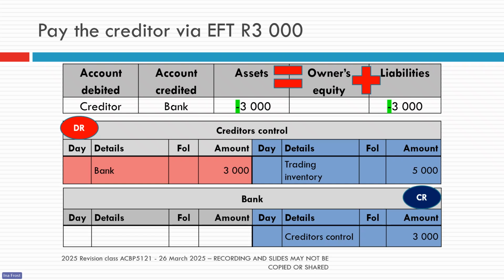I'm always a bit limited for space, but as the lecturers we have a little bit of marking discretion here. So if you said creditor, we'll give you the mark. Creditors control, same for debtors control. Also, if you use terms like trade payable, we will accept all of those terms. Thanks, Ina.